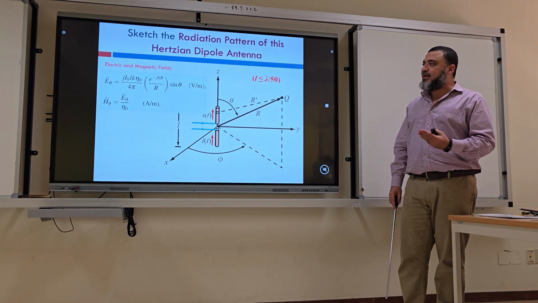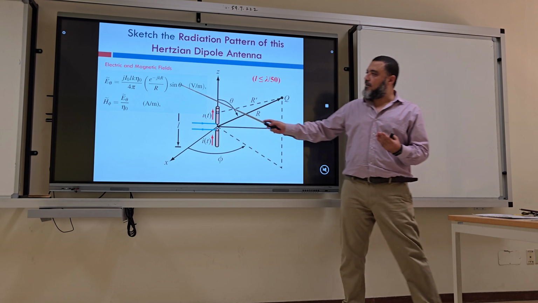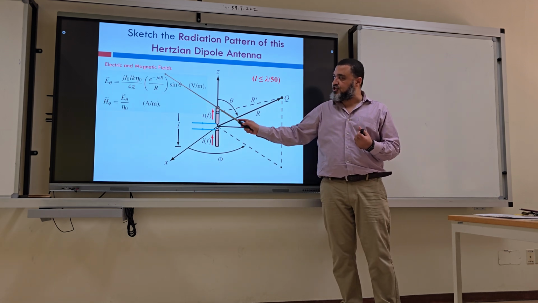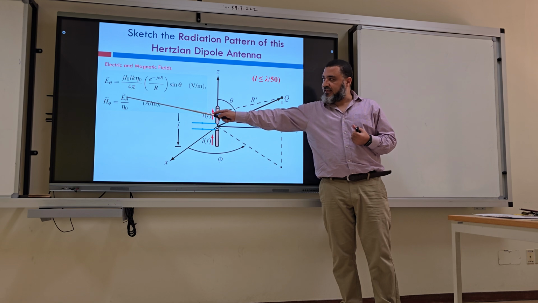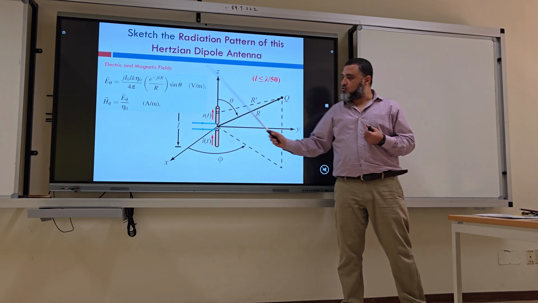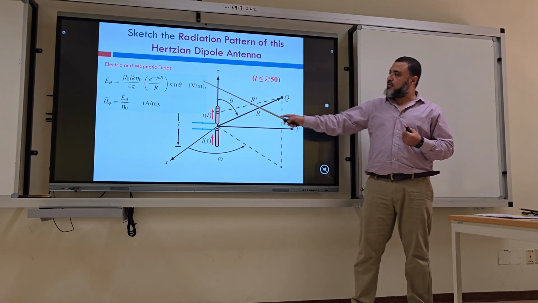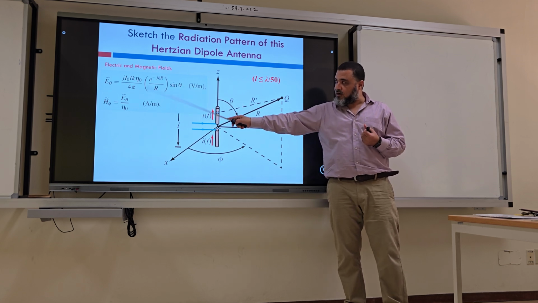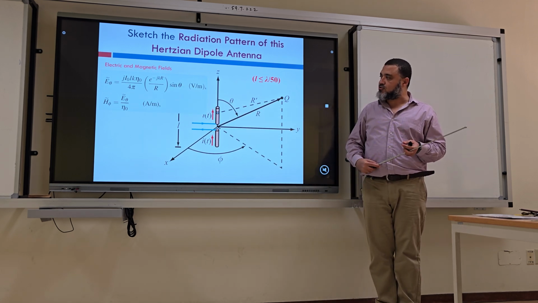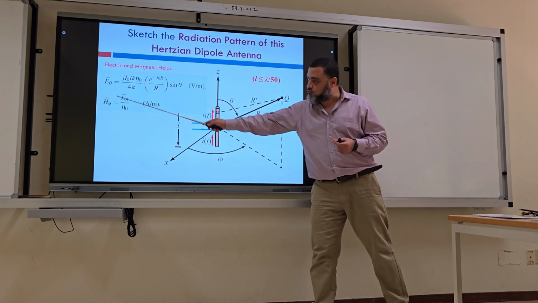Then using these two equations, which make sense, last time we made several observations about the field. The phase is changing by R, so we have a spherical phase. The field is inversely proportional to R, so the further the point, the less the field. The fields E and H, both of them are dependent on the direction. What controls the direction here?